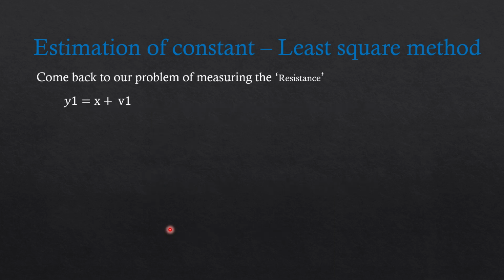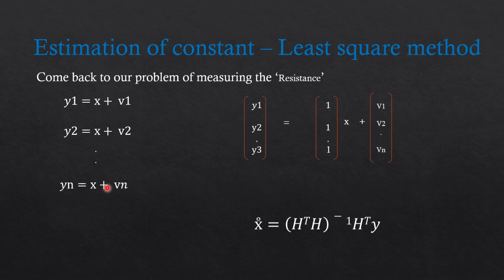Let's look back at our problem of resistance. You have a measurement, and that measurement has a constant value with the error coming from the multimeter, and the same applies to the n number of measurements. Let's convert that into a matrix format. So you have a measurement matrix, and H matrix is 1 because we don't have any variation in it.